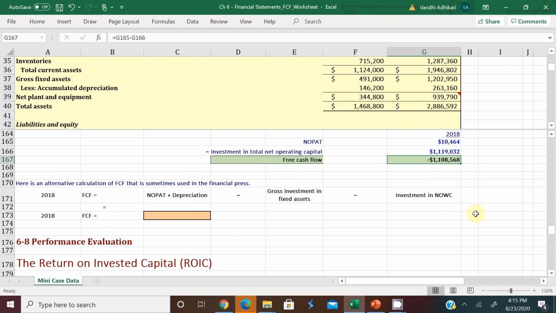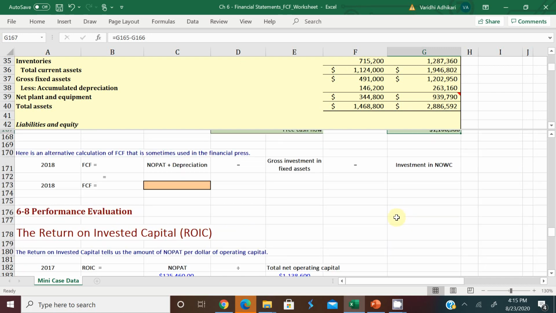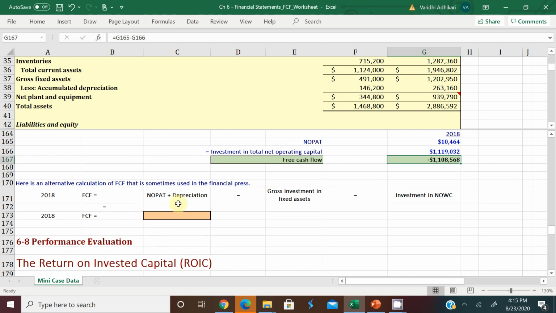Now there is another way. Another equivalent way of calculating free cash flow that is more popular in some places. Both of these methods are equivalent, but the depiction can be different.